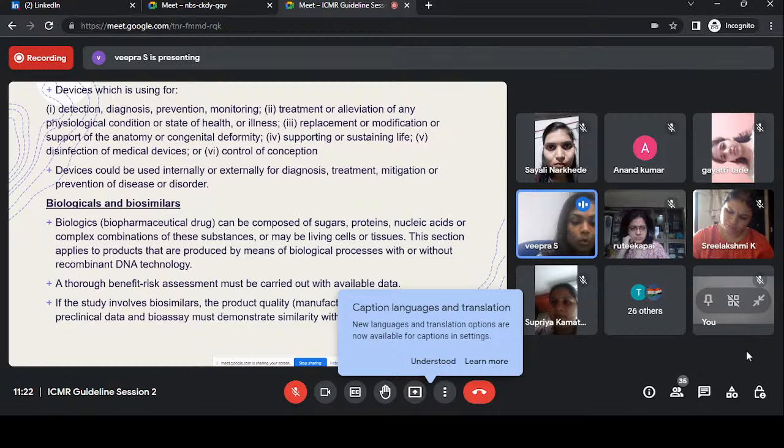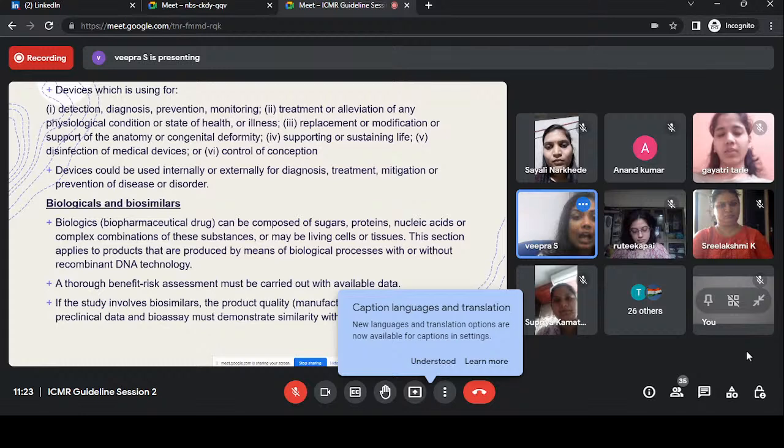But when the patent expires, other companies can also manufacture the same product. If any biological product's patent has expired and another company manufactures the same product, such a drug is a biosimilar.